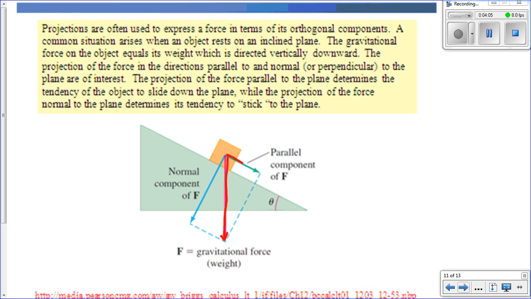One component will be parallel to that ramp, and the other one is going to be orthogonal, or normal, to that vector down the plane. So this is our parallel component of F, and this is our normal component of F.